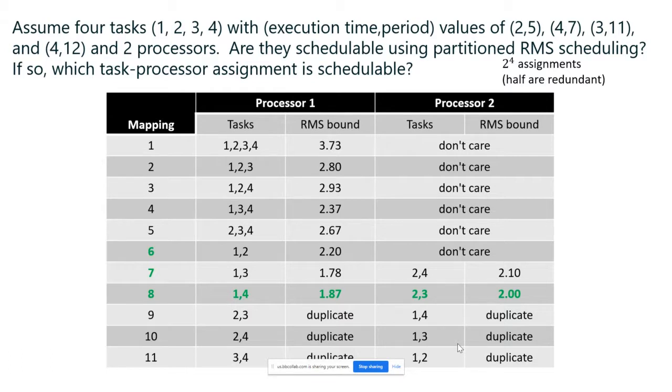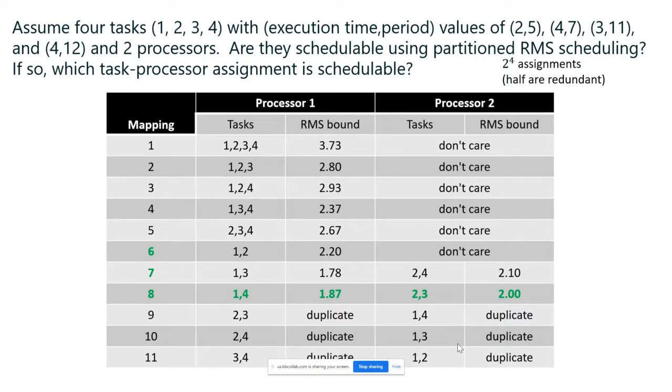However, if you put tasks 1 and 4 on one processor and 2 and 3 on the other processor, you get RMS schedulability values of 1.87 and 2.00, both of which check out. So based on that alone, I have at least one combination, one mapping that is guaranteed to be schedulable, which is good.